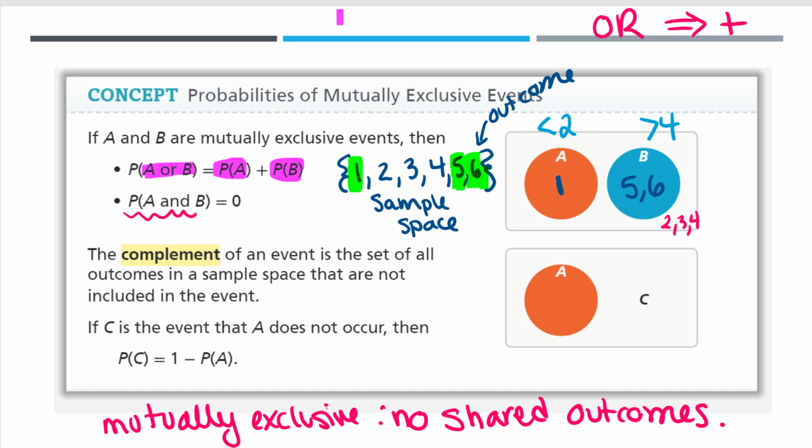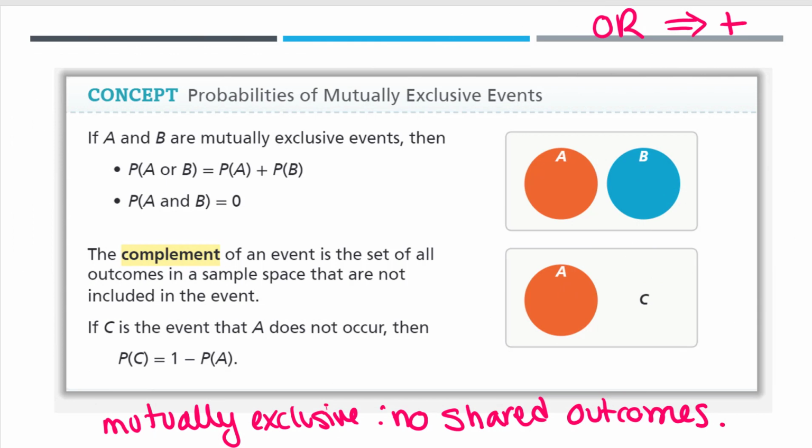The probability of event A and B occurring is actually equal to 0. So what that means is that we have no shared outcomes between A and B. There's no overlap. So the probability is equal to 0. Probability is always a number from 0 to 1. 0 means that the event cannot happen, and 1 means that it's certain to happen.